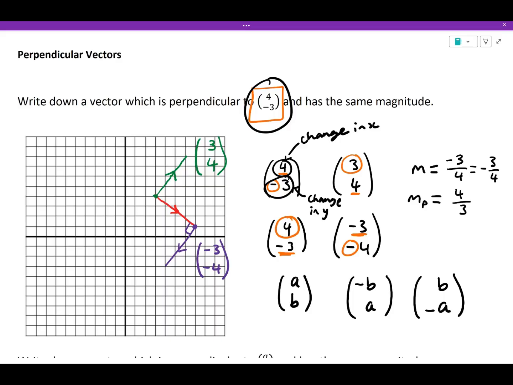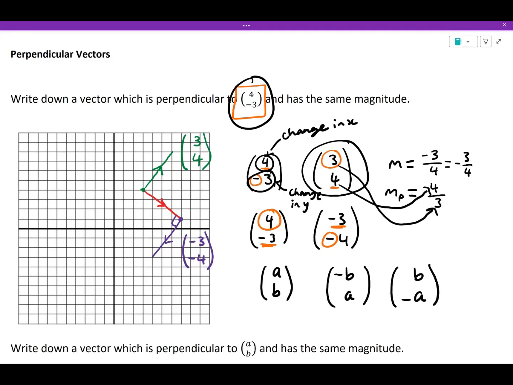Which then relates to my other vector here, because we've got the change in y, which is 4 up here, and then the change in x, which is the 3, which goes down here. So it all links to gradient. But essentially, to find a perpendicular vector, you swap your components, and then you multiply one of them by -1, which is essentially the process for finding a perpendicular gradient.